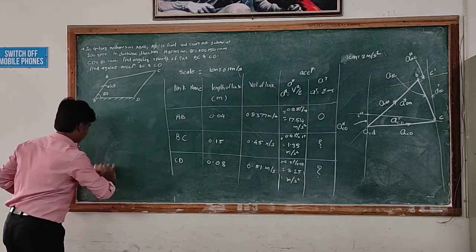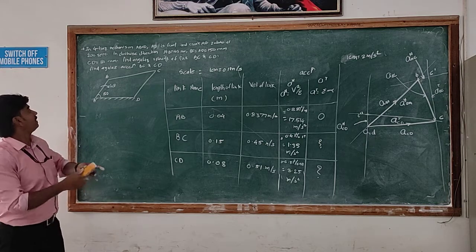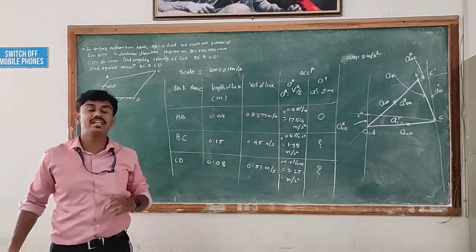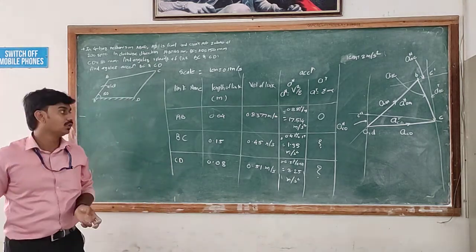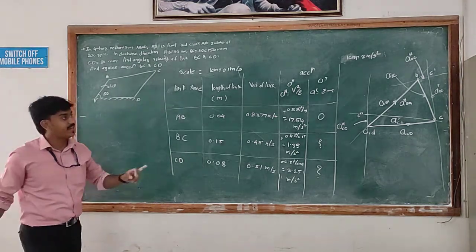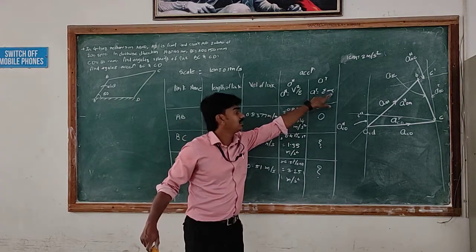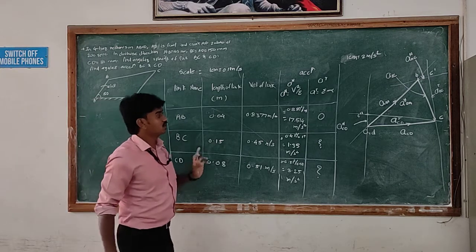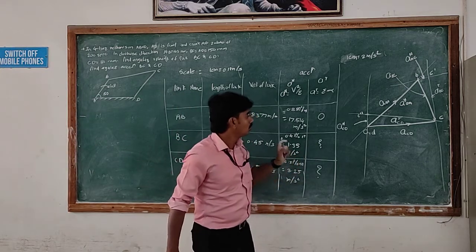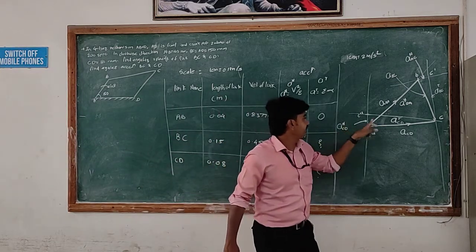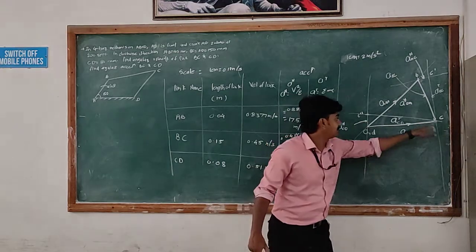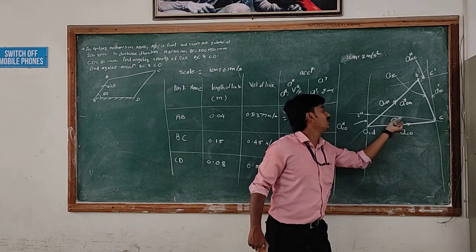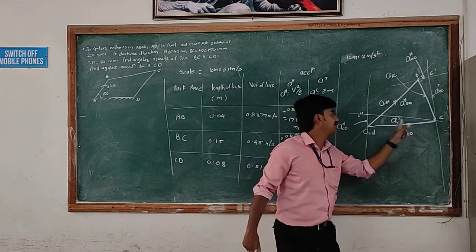Now what they ask is the angular acceleration of the link BC and CD. So we have to find this alpha for link BC and CD. If we measure the distance C to C double dash, it will equal the tangential component of link CD.